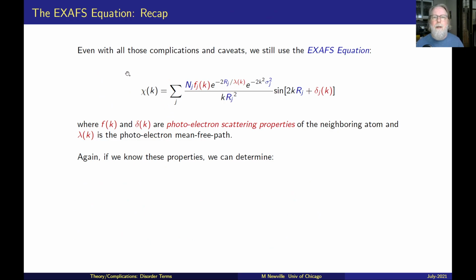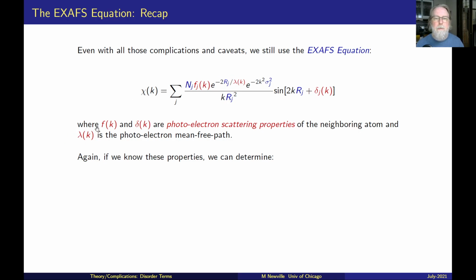So to recap, with all those complications and caveats, we still have an XAFS equation that's pretty useful. There's a coordination number, distances in the oscillatory term, in the sine term, and then a sigma squared term. And then there's this F and delta, amplitude and a phase shift in the oscillatory term, and a lambda.